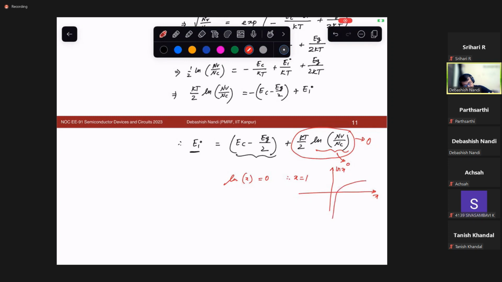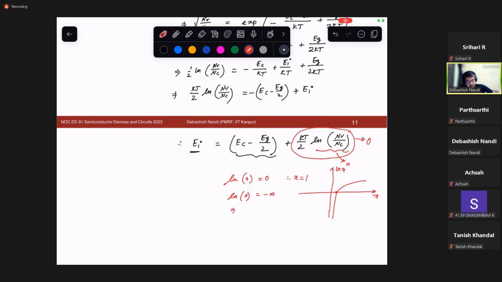At 1 it becomes 0, and at 0 it becomes what? What is ln 0? Anyone? Not defined, sir. It is minus infinity. Yes, not defined is also correct, but it is minus infinity.